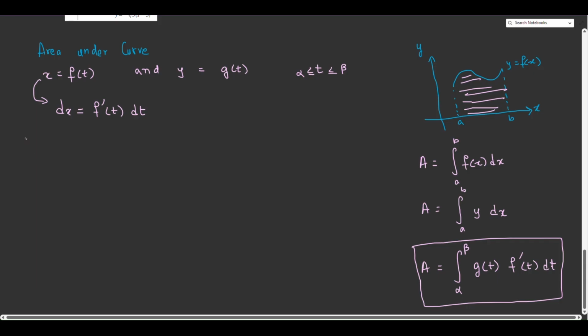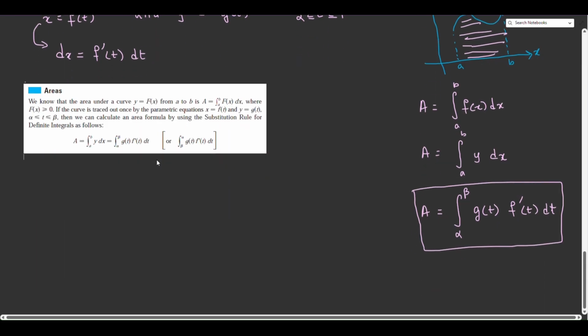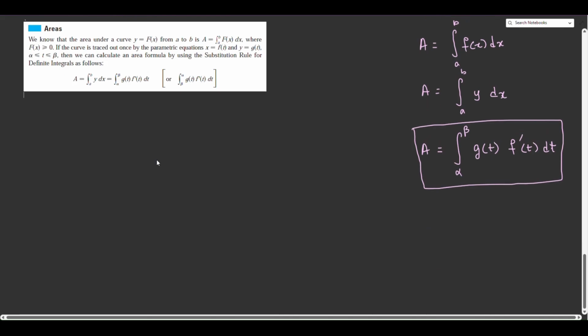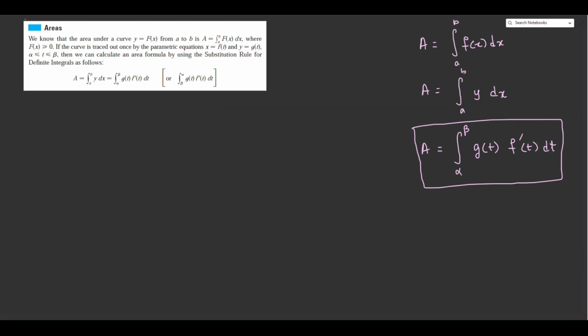Here we have this formula for finding the area under the parametric equations. Let us do one of the examples.